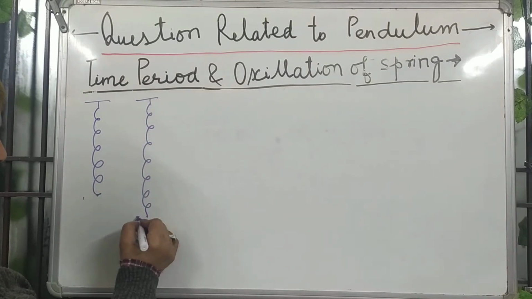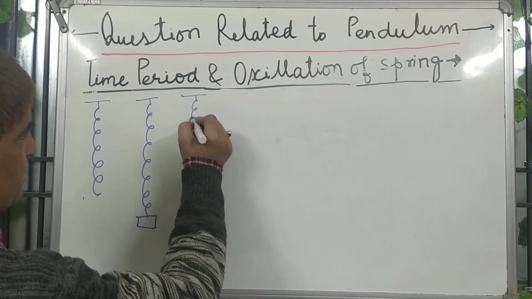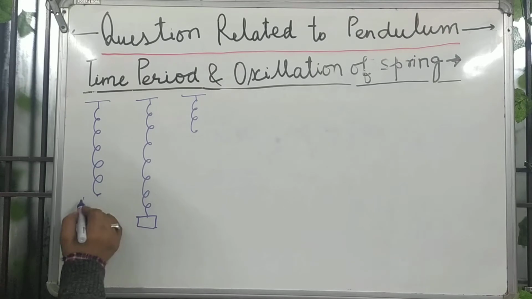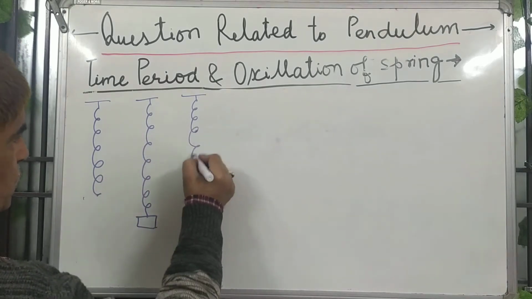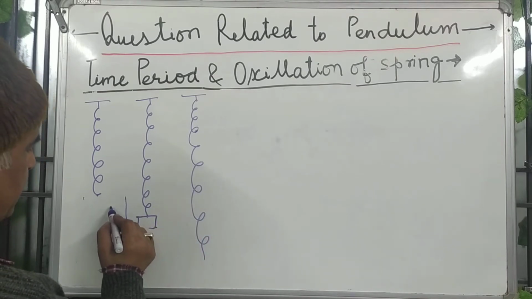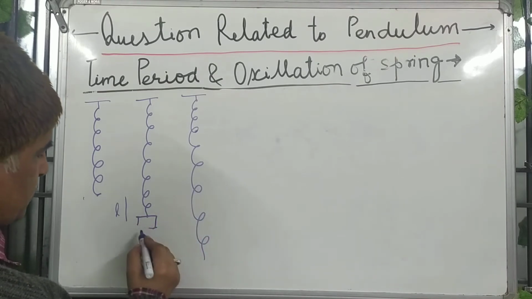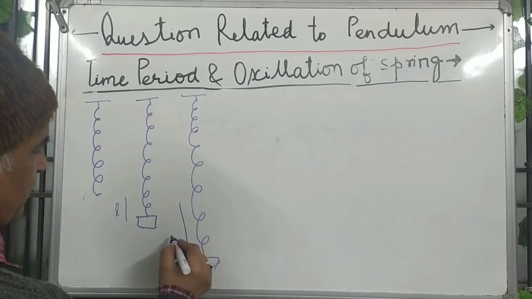It is in equilibrium state. But if the mass is released suddenly, and you are attaching the mass and it is suddenly released, it will cover double length. Let this be L, so this will be 2L.